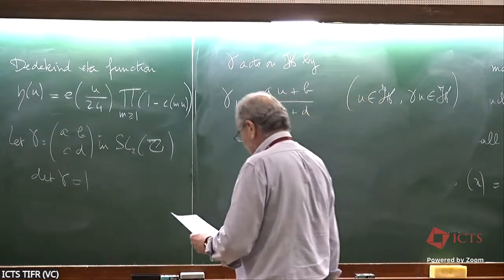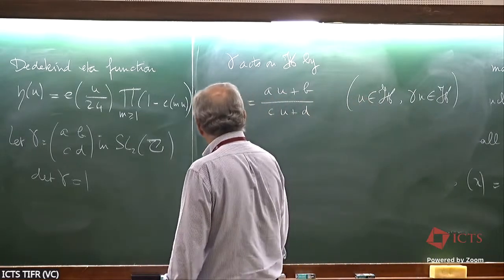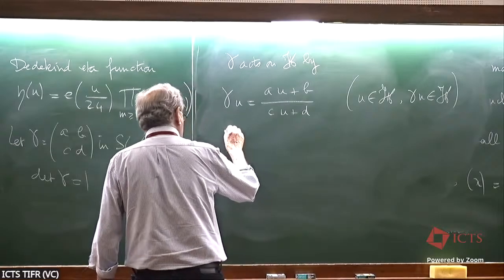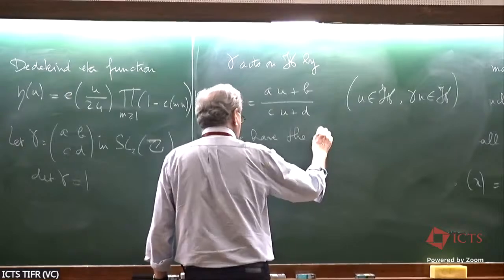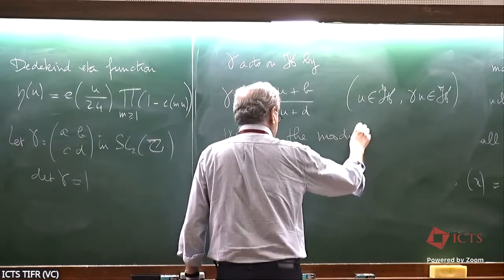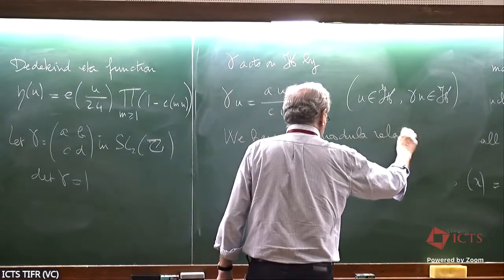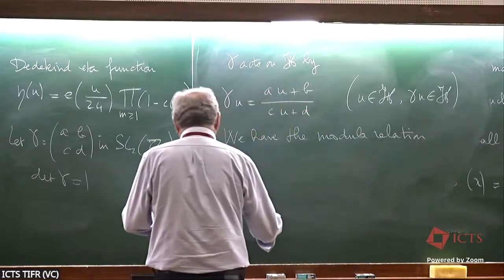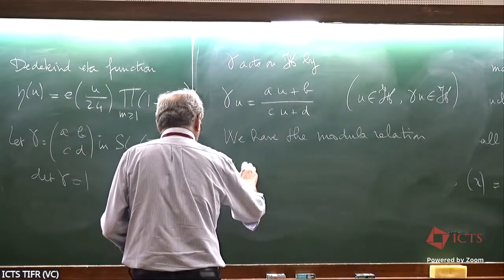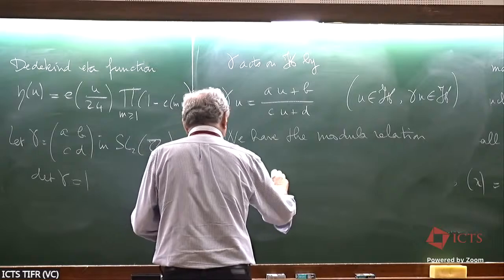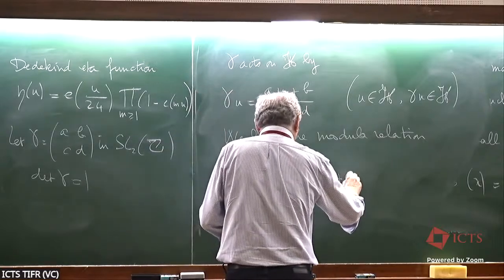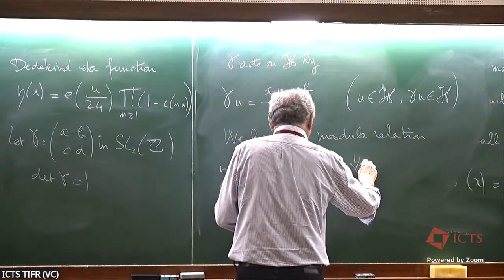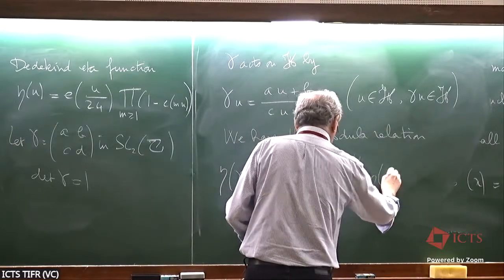And what is really important is this. We have the modular relation: eta of gamma u is essentially (cu plus d) to the 1/2 times eta of u.